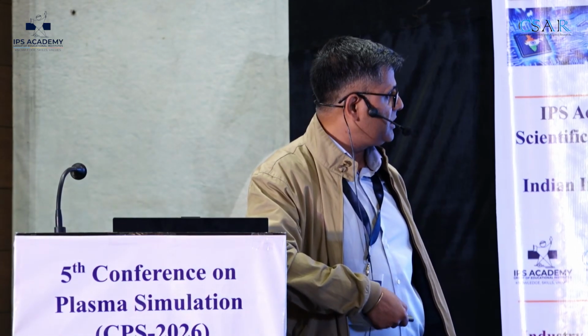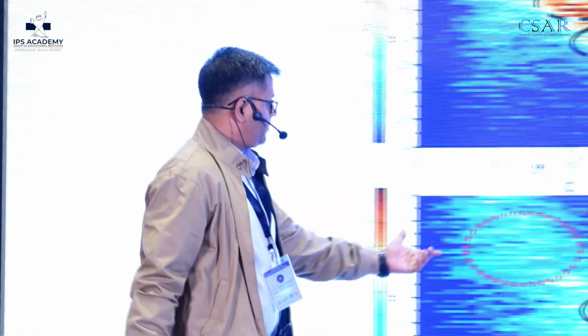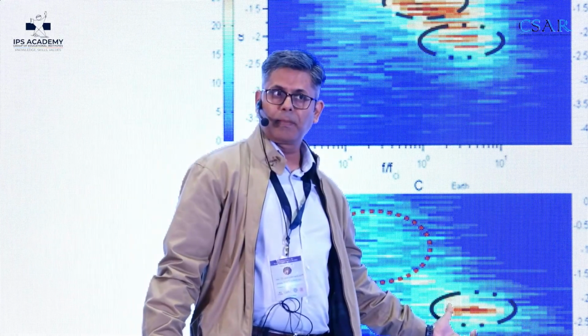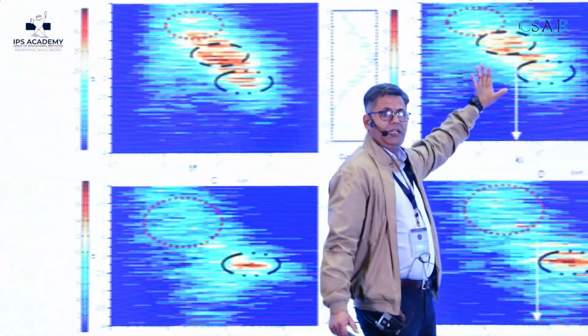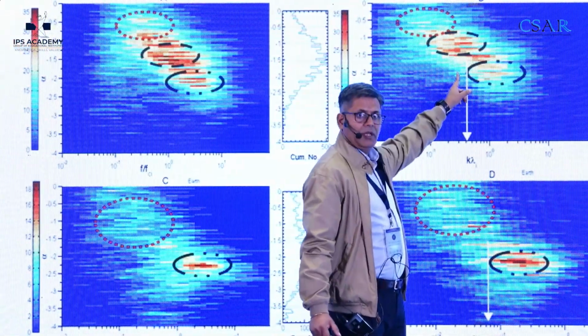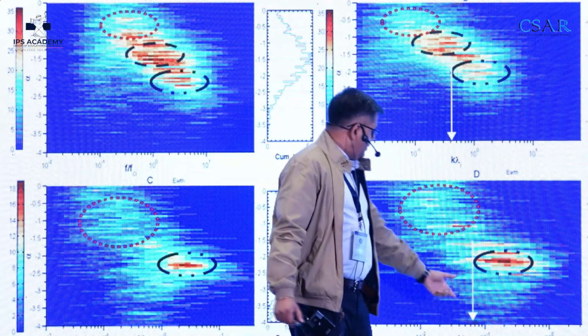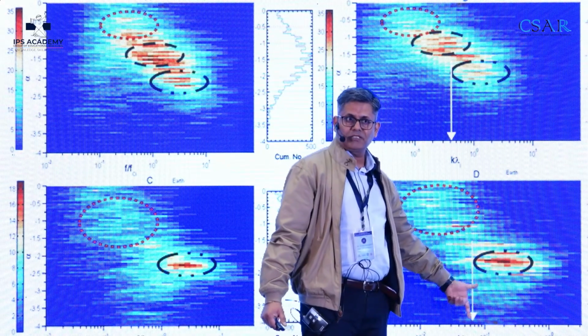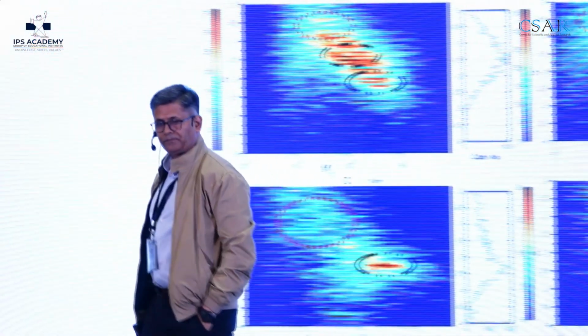However, for the Earth magnetosheath, there is a sudden change in the spectral slope value from low to high frequency side. A similar kind of feature we have observed in the wave number domain. There is a spectral break at this point, which is close to the ion gyro radius in the case of Venus. The spectral break in the case of the Earth is observed at this position, after which we have the steeper spectra.